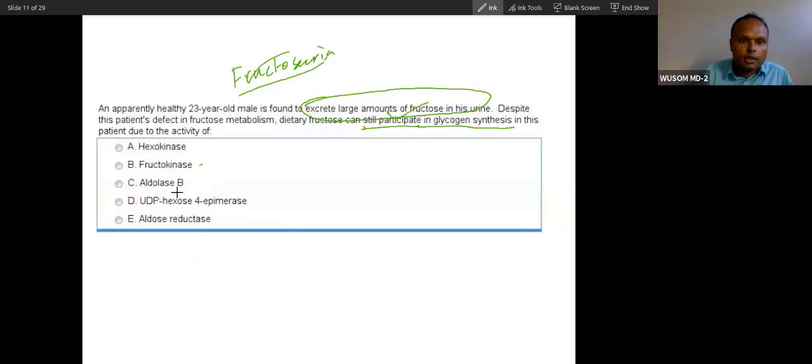If this is deficient, you cannot think of aldolase, and this is also not the case. Fructose is not an aldose sugar, so it will not be acted on by aldose. Fructose is a keto sugar, so this will also not be the choice.